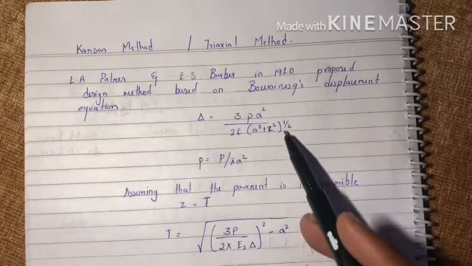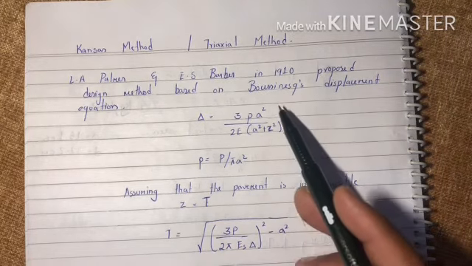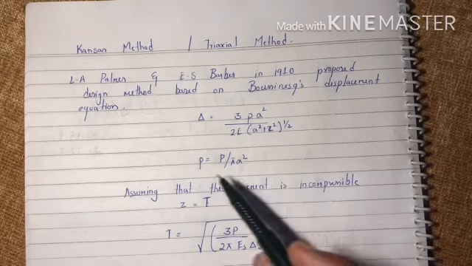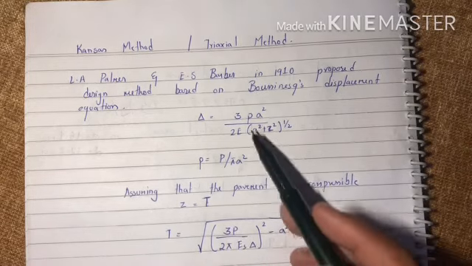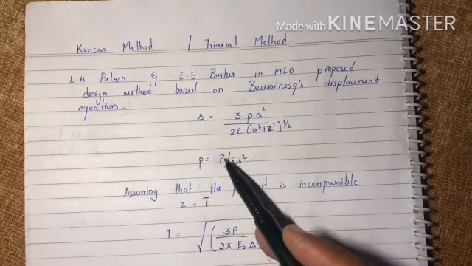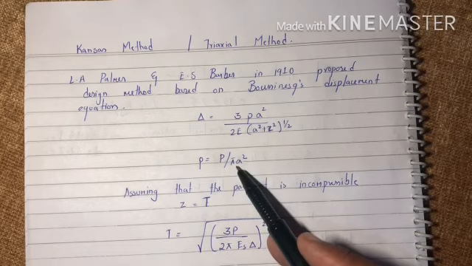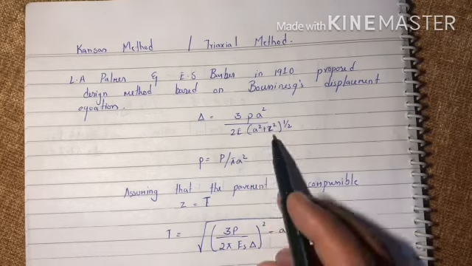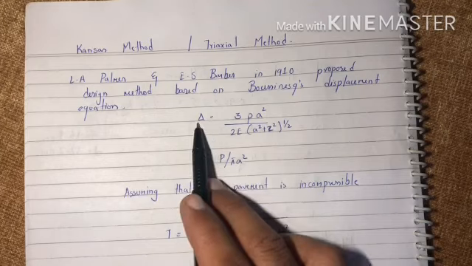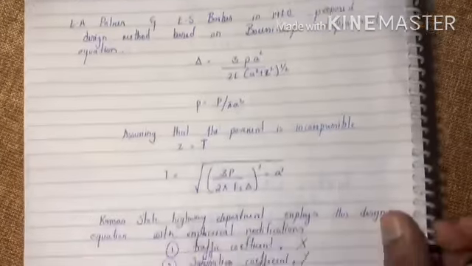Using this equation, they formulated a design equation. Instead of pressure, they replaced it with load by area, and z is taken over here, and we get this particular equation.